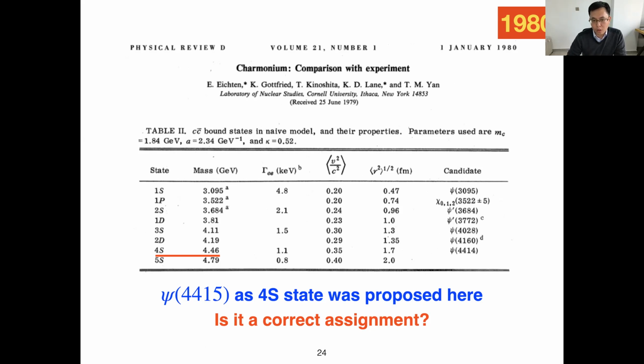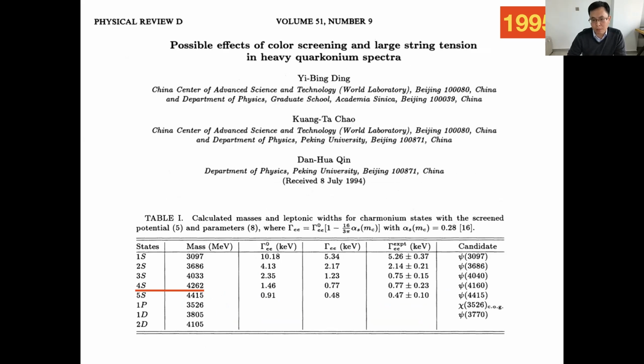I also want to introduce another paper from Quanta Zhao's group. In 1995, they did a calculation considering the screened potential and found that the 4S state is about 4.2 GeV. This conclusion is different from that of the Cornell model.